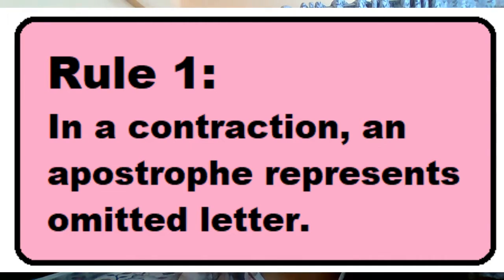So first use, wherever we are using contractions, we have to put an apostrophe at the place where we have omitted or dropped a letter or a sound. Done? First rule done.